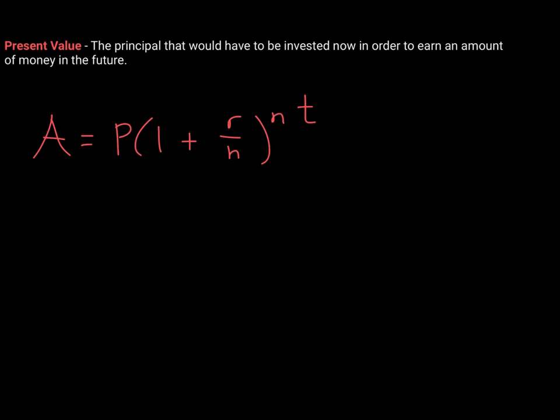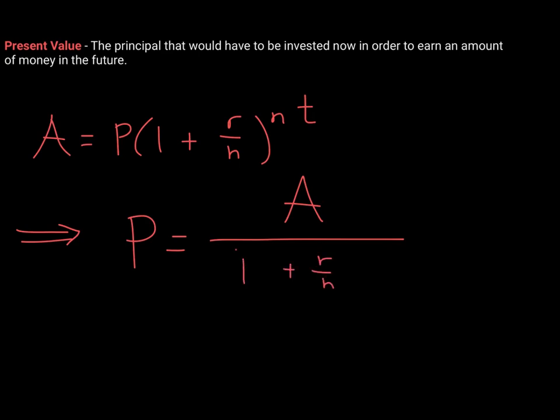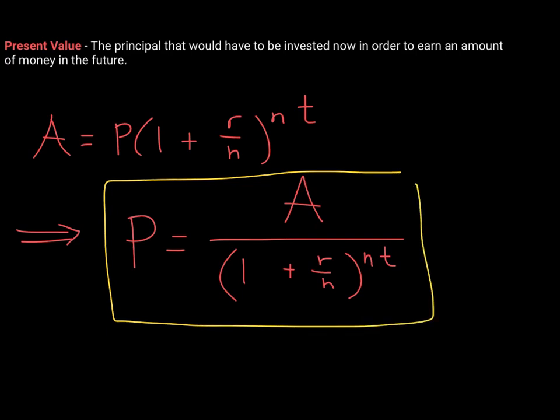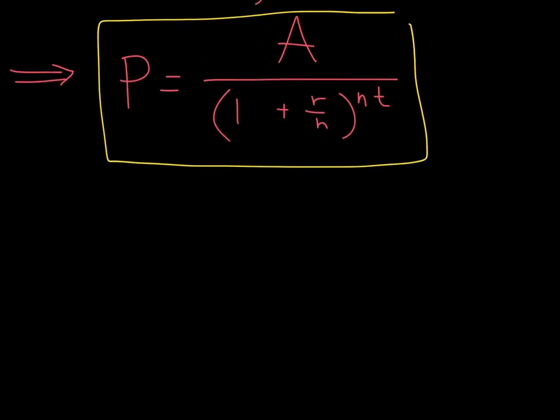So this formula leads me to present value, the amount of principal, P equals A divided by 1 plus r over n to the power of nt. This is the formula for present value. This is going to tell you how much you're going to have to invest today. All right, so let's look at an example now using this formula.